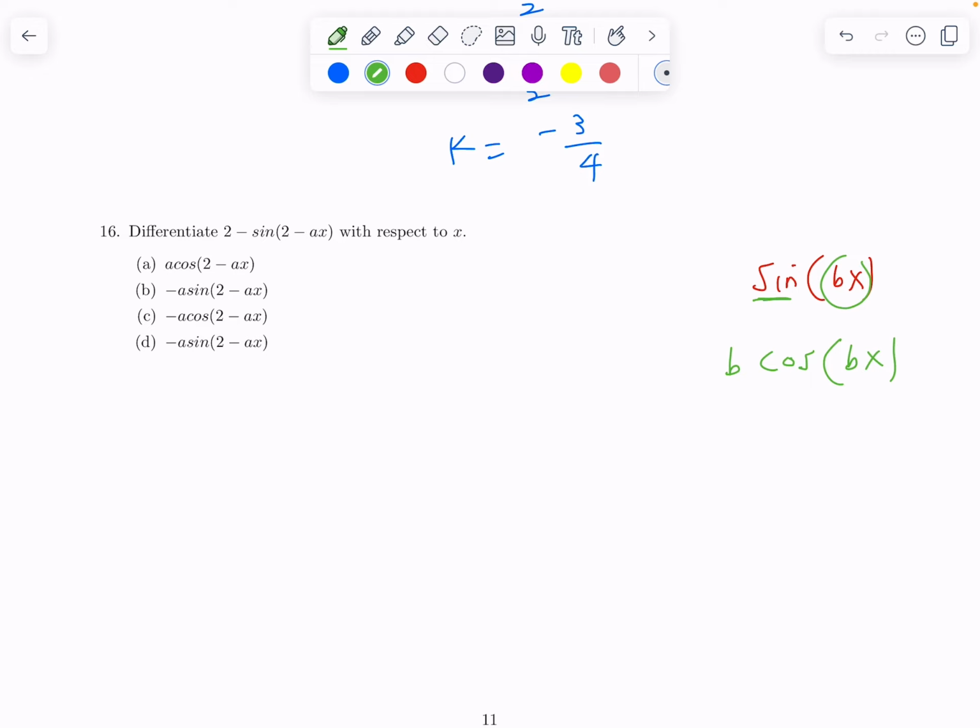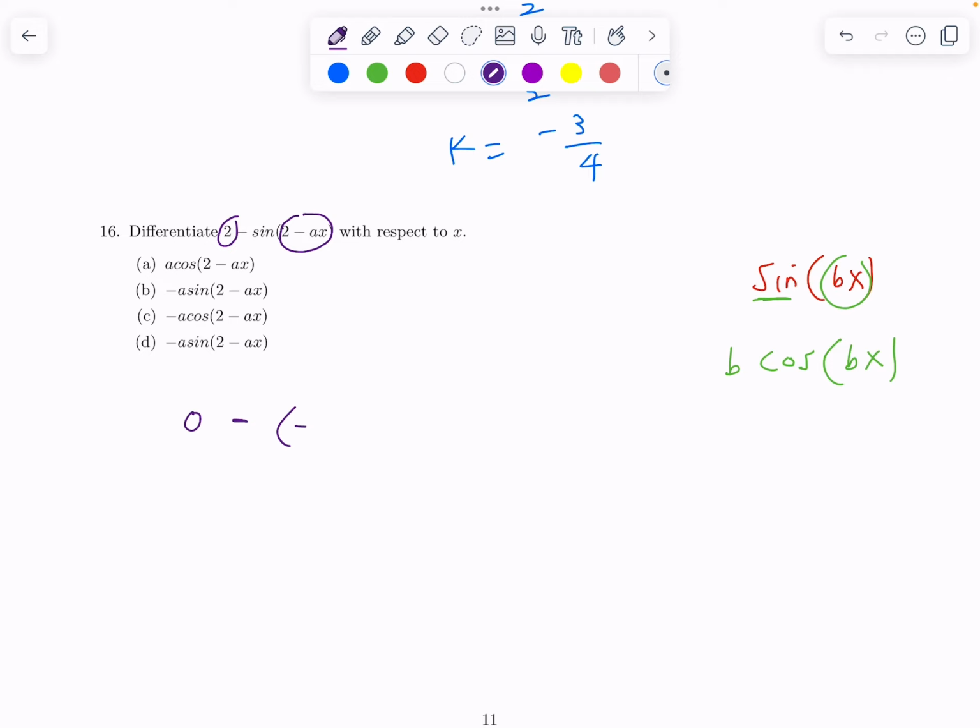So I want to differentiate this. The derivative of 2 is a constant, so that's going to be 0 minus. The next thing is that I want to differentiate what is inside here, which is 2 minus ax. The derivative of 2 is 0, and the derivative of negative ax is going to be negative a.